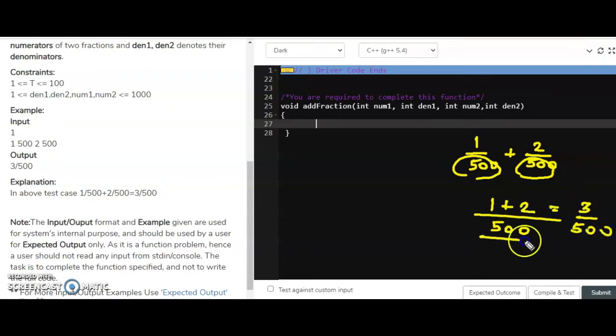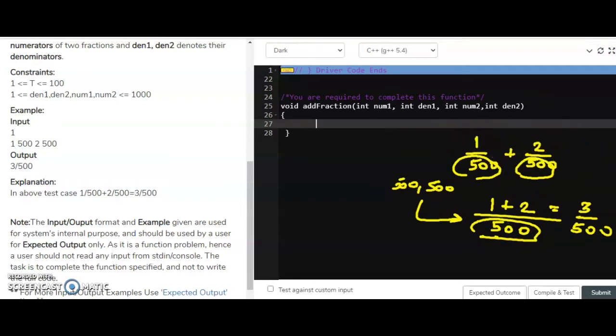What we did here, actually, we took the LCM of these two numbers. The LCM of 500 and 500 will be 500, right? That's why 500 came in the denominator, and then we divide this number by this number, and whatever value comes, we multiply that by the numerator.